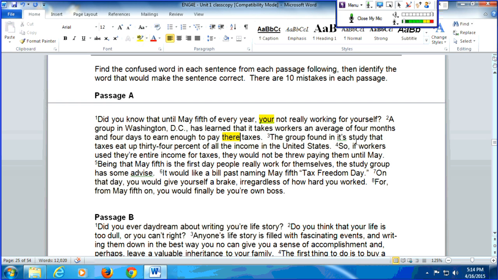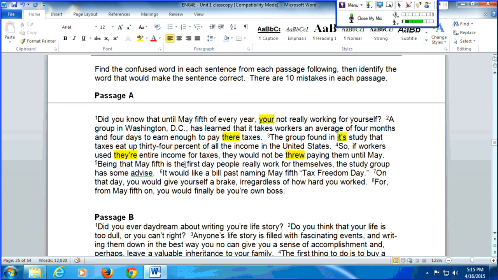The group found in its study, that's the wrong its, that taxes eat up 34% of all of the income in the United States. So, if workers used their entire income for taxes, they'd not be through paying them until May.